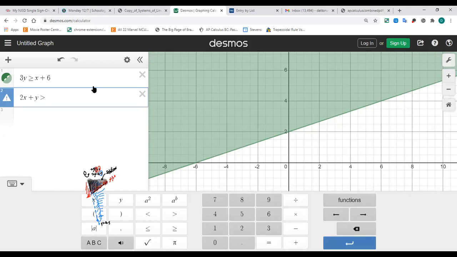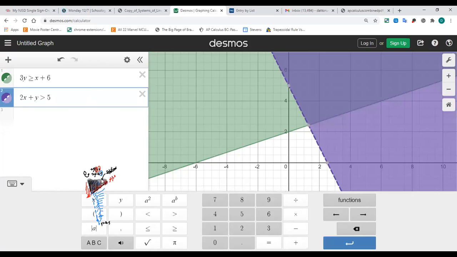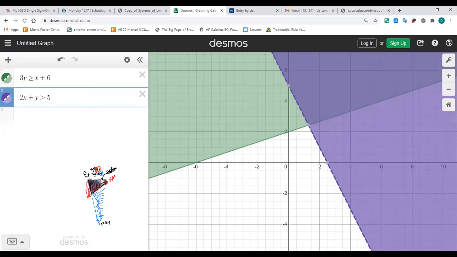Okay, I made one mistake earlier. I forgot to divide the 6 by 3, so that's why it's over here at 2. Okay, so now it looks a lot different. It's still above here. Okay? So I actually need to go back to this real quick.